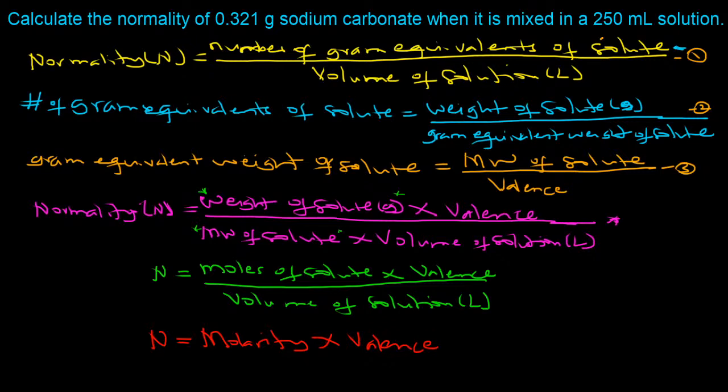The reason that is possible is because your moles of solute divided by volume of solution in liters gives you molarity. So these three equations, you just pick and choose which one is more convenient for you based on the information in the question, and you can easily solve any type of normality question.